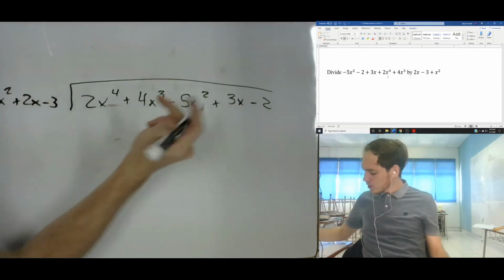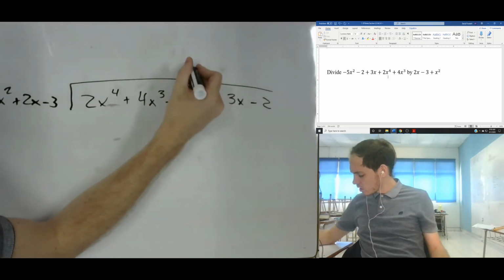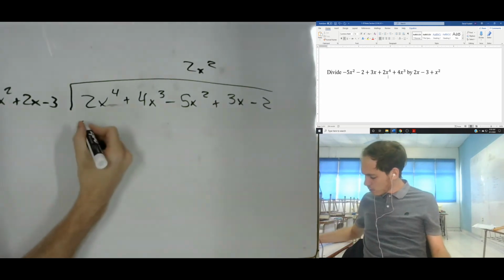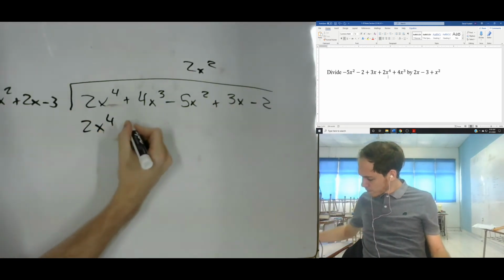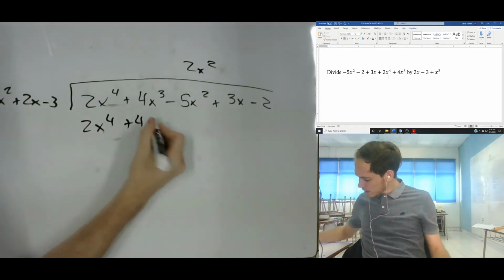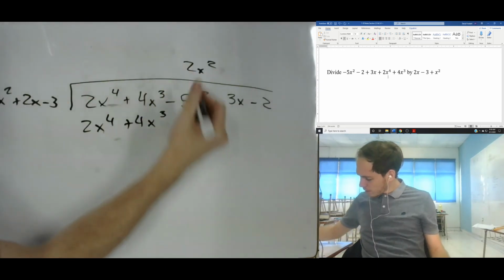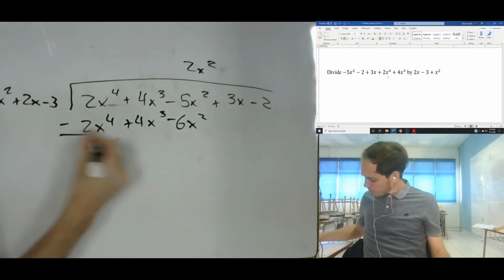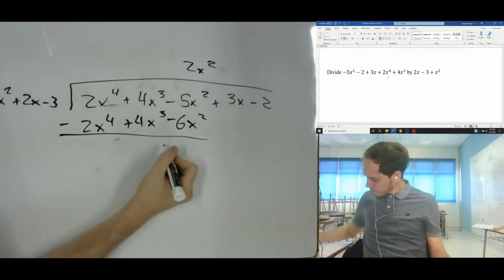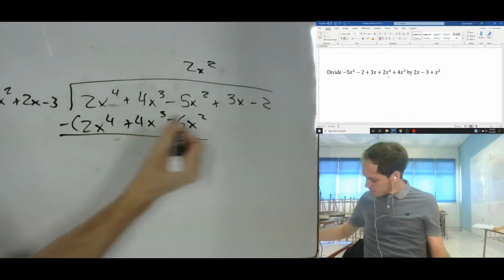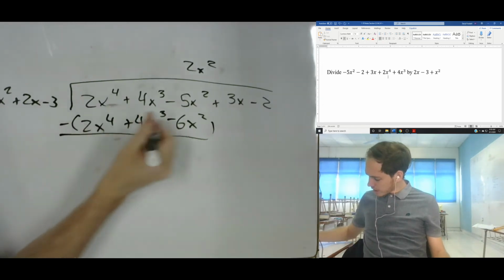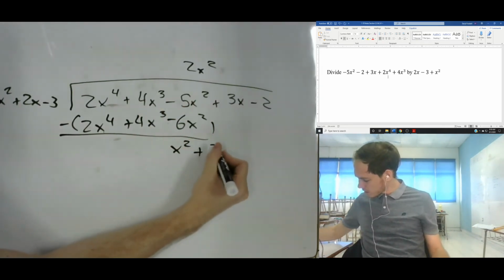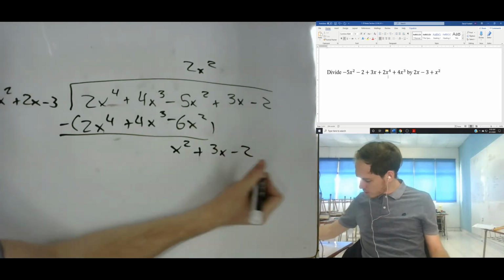So x squared goes into x to the 4, 2x squared times. Multiply this out, we get 2x to the 4 plus 4x cubed minus 6x squared. Subtract this, this cancels, that cancels, this becomes x squared plus 3x minus 2.